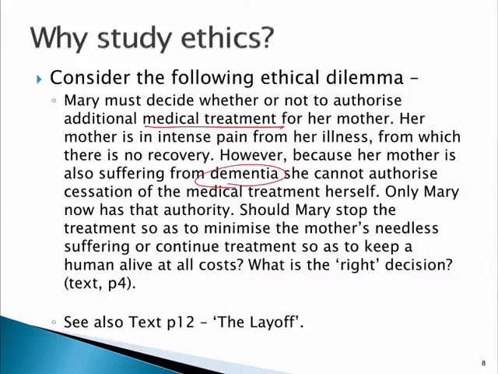So now Mary can make the decision. Should she stop treatment to minimise the pain, or continue treatment to keep her alive at all cost? How is she going to make that decision? What is the right decision? In a business context, it might be a decision about whether to lay some staff off to maintain profit levels.